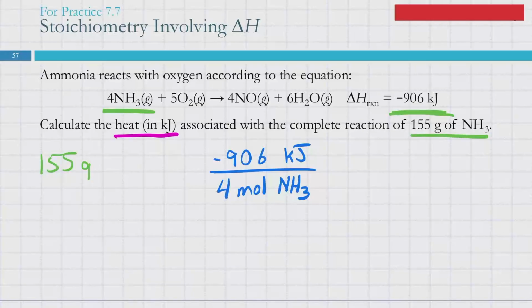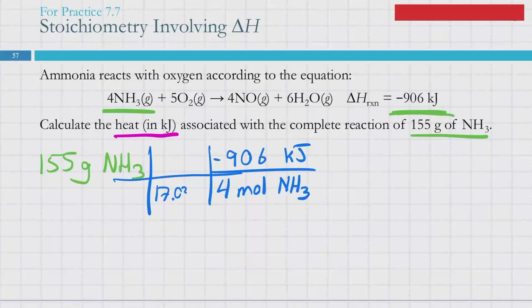So starting with our 155 grams of NH3, is there anything else that we need before we can plug this into our calculator and solve it? We need to convert it to moles first. So we're going to need a molar mass for ammonia, which is 17.031 per 1 mole of ammonia.